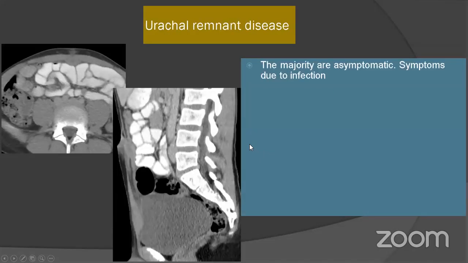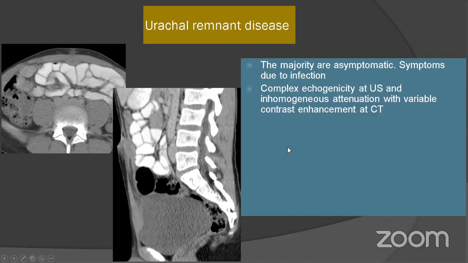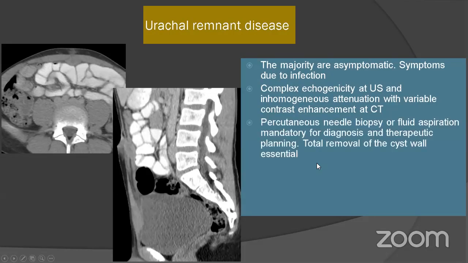So the majority of these patients remain asymptomatic, and they become symptomatic when they develop infection. And when they're infected, they demonstrate complex echoes on sonography, sometimes variable contrast enhancement, and usually you must do a percutaneous biopsy or aspiration for diagnosis.